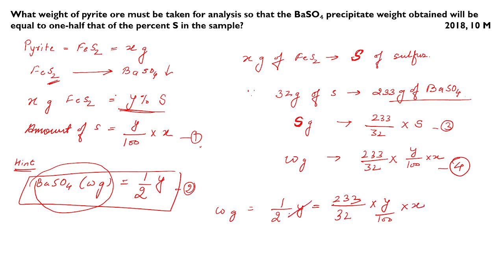Now it's solved. Y is going to cancel from here. We just need to calculate X, because in the initial question they are asking what amount of pyrite we should take. So X equals 1 by 2 multiplied by 32 divided by 233 multiplied by 100.